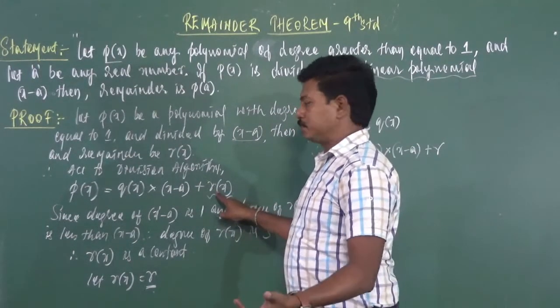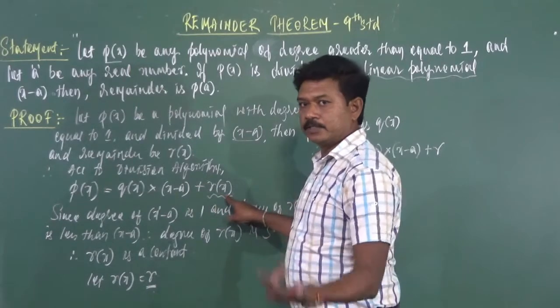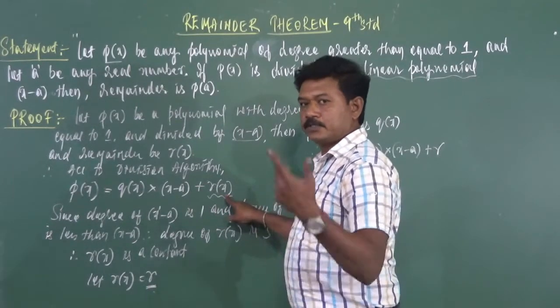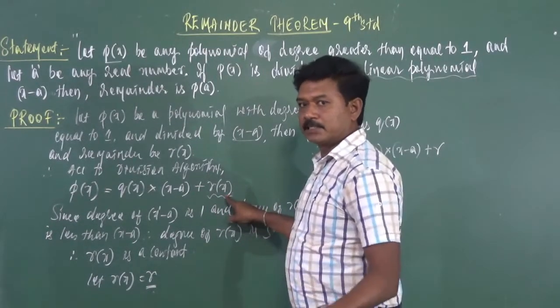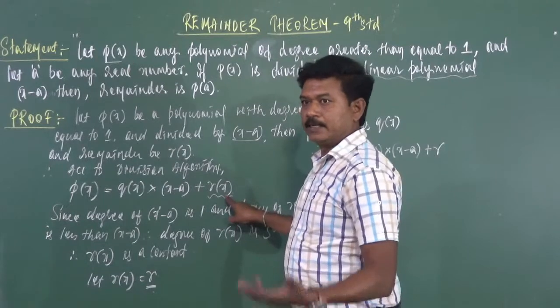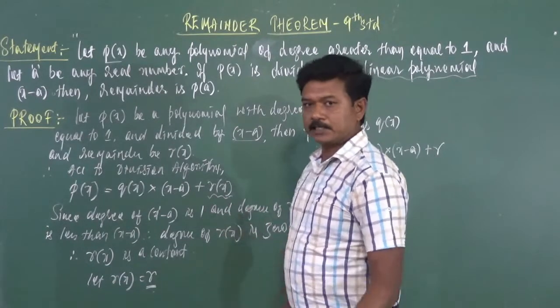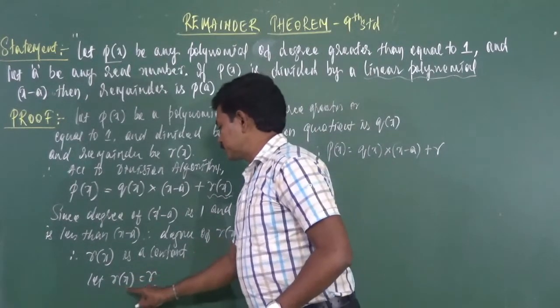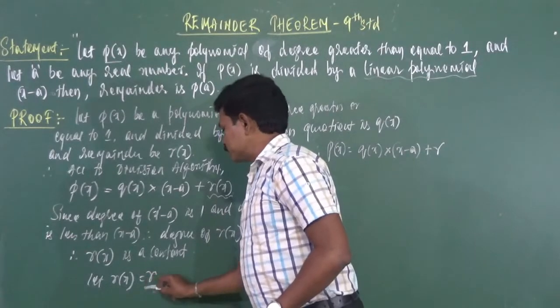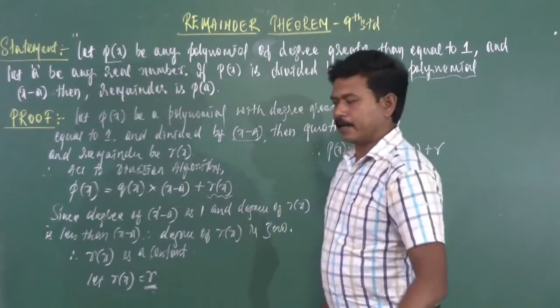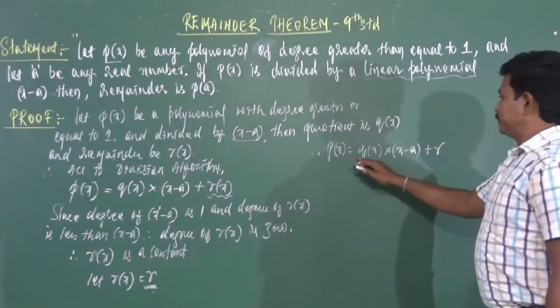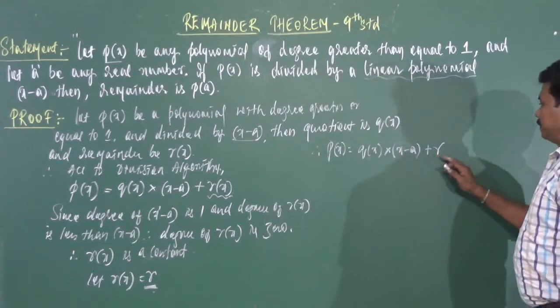So less than 1 means the degree of r of x should be equal to 0. If the degree of r of x is 0, then it must be a constant polynomial. Constant polynomial is nothing but a constant. So I have equated r of x to a constant, that is r. r is some real number. So p of x is equal to q of x into x minus a plus r.